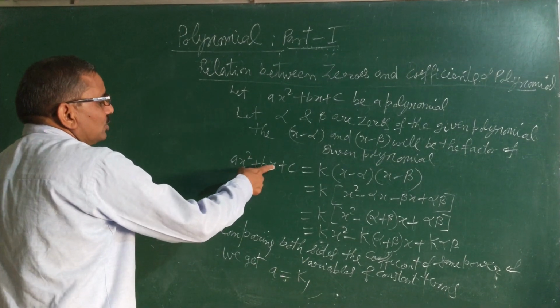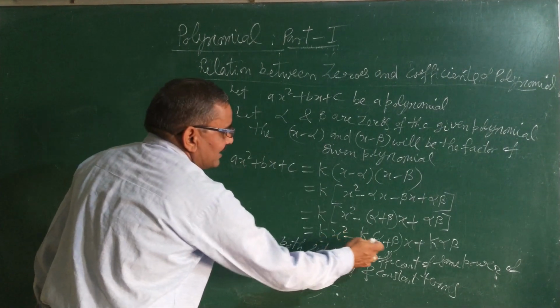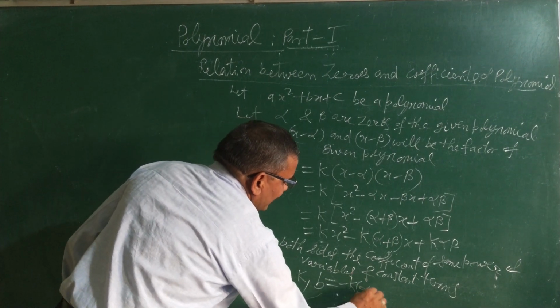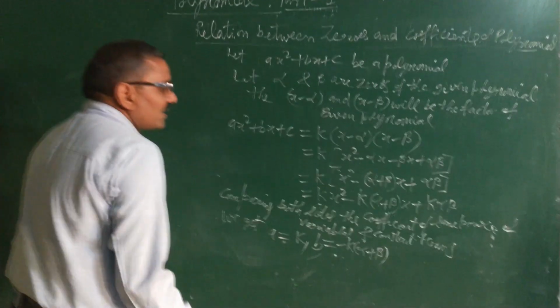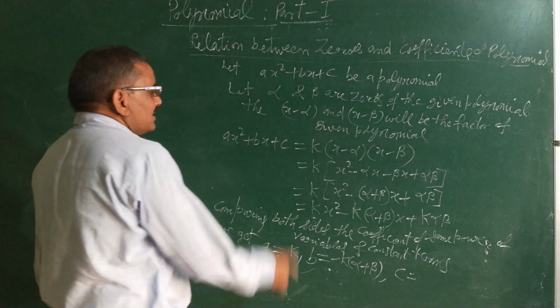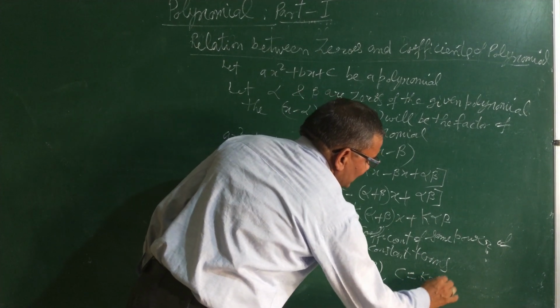Now on the left side the coefficient of x is b, and on the right side the coefficient of x is minus k times alpha plus beta. Now the constant term on the left side is c, and the constant on the right side is k alpha beta.